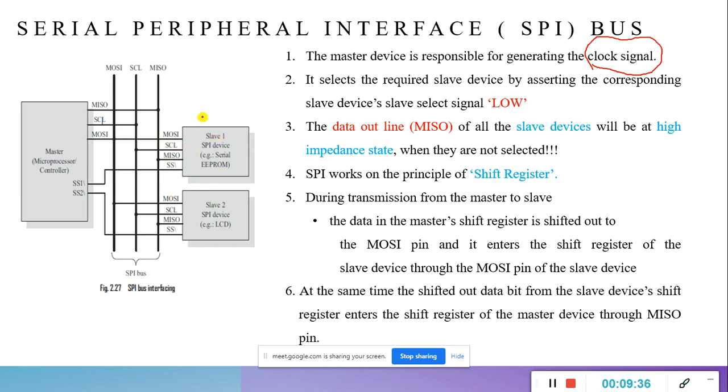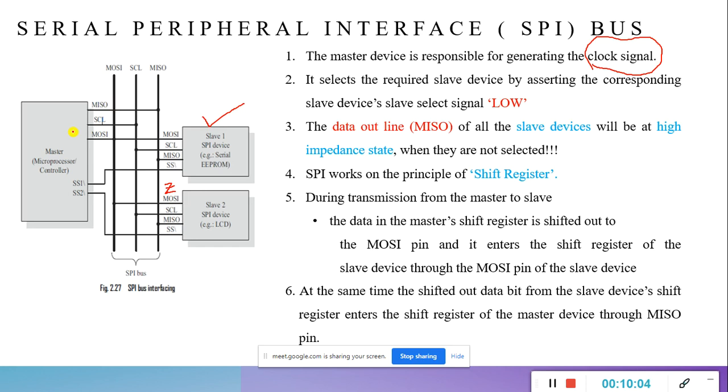Once I select slave 1, assume slave 2 also has the same line. So this will go to high impedance state Z because this slave is not selected. Anyway, slave 1 is getting selected.